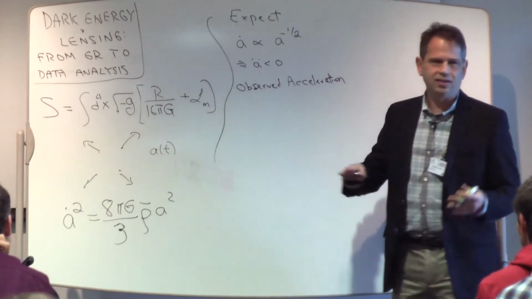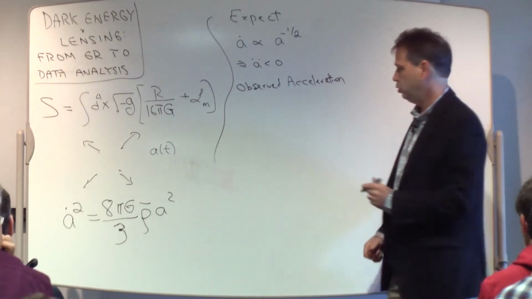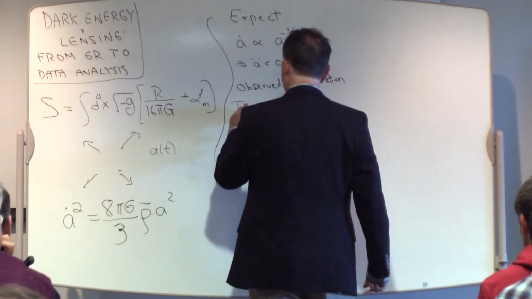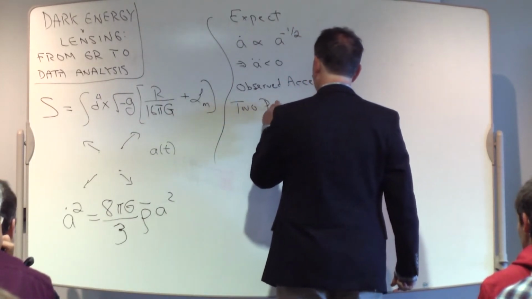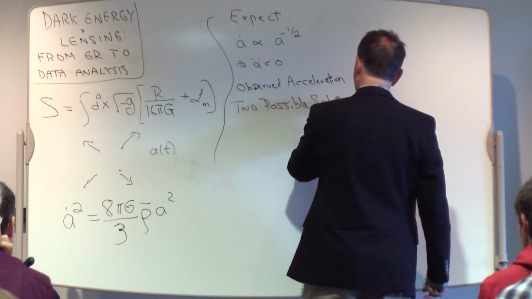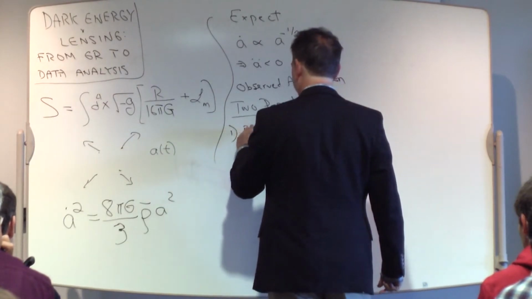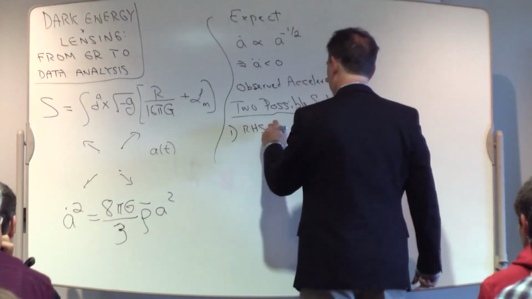Okay, so that's the conundrum. And in order to fix it, there are 2 general classes of solutions. The first one is called the right-hand side solution, or dark energy.